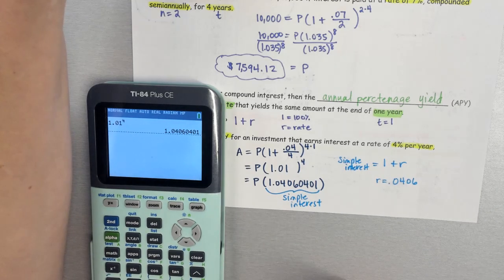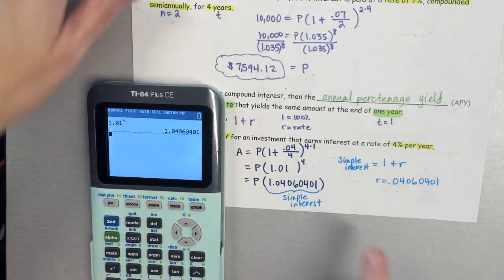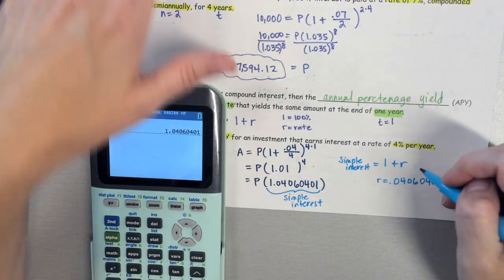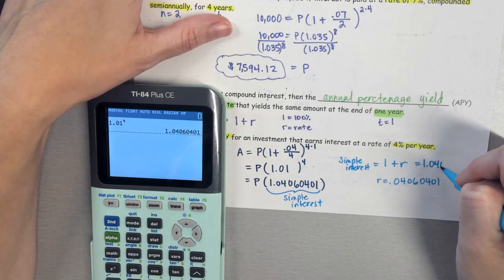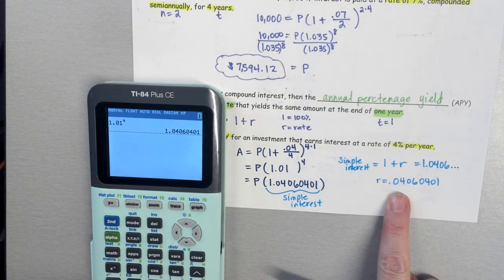Yes, and then it's going to keep going, 0.00401. Since that equals 1.r, we know that equals 1.0406. I'm just going to put dot, dot, dot. That means your r value is this.